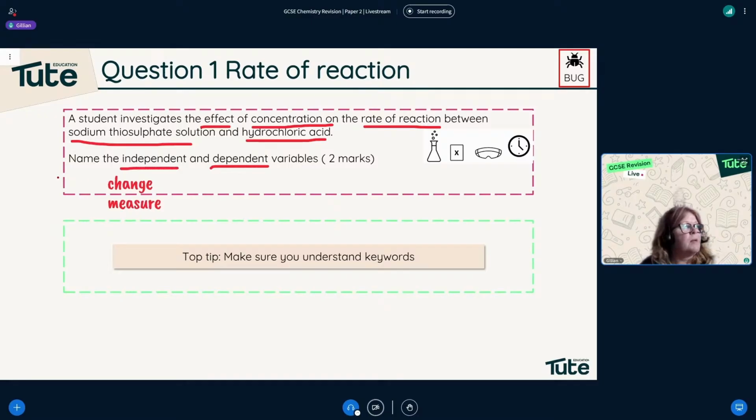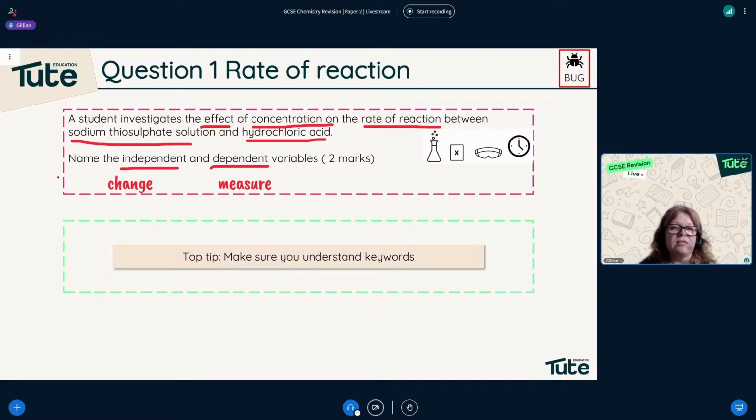So we need to be thinking about, in this experiment, what are we changing and what are we measuring? Remember to make sure we have a valid method. We just need to change one variable, and we are measuring one variable. All the other variables that may affect our experiment, we need to keep the same, and we call those the control variables. So what are we changing in the experiment?